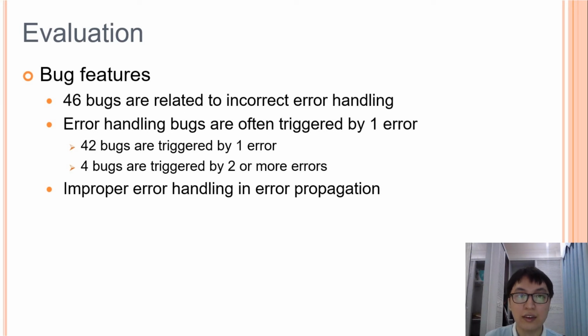We analyze 46 bugs which are related to error handling code, and find that most of them can be triggered by one error. In addition, we also find that most of the error handling bugs are caused by improper error handling in error propagation.